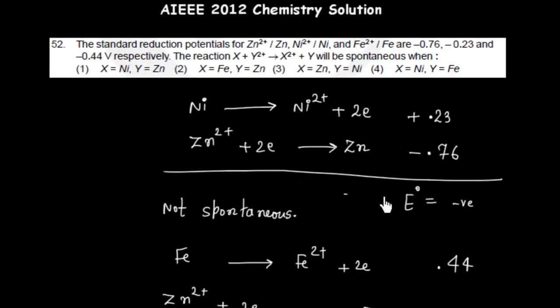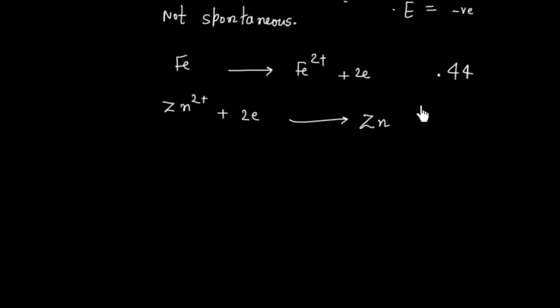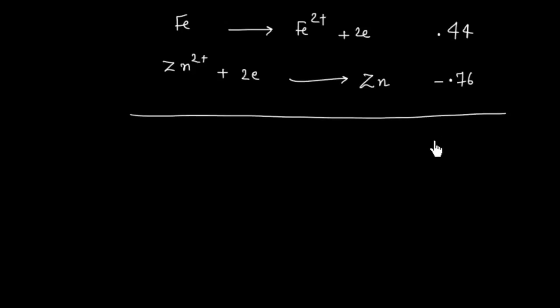Now in case of zinc, what is the E degree value? E degree is minus 0.76. Now if we add these two things, again E degree is negative. You see here minus 0.76, this is plus 0.44, so this is negative. So again, this reaction is not spontaneous.